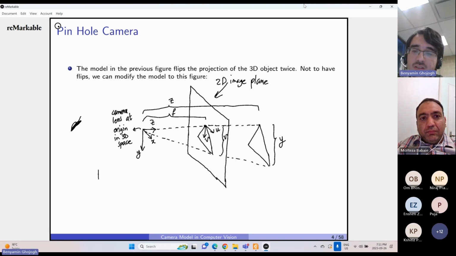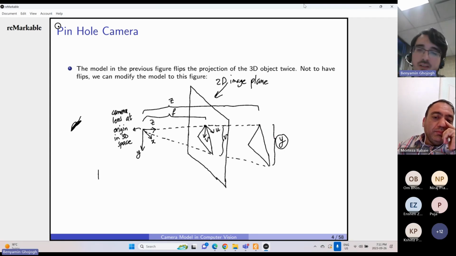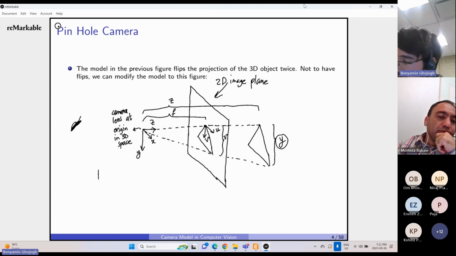Therefore, I can denote the axes of this 2D image plane by U and V. Here the Y, for example, shows the height of my object. Correspondingly, I have some height of my object in the 2D plane, and that's V, because V shows the height here. And U kind of shows the X, but we don't have any Z on the image plane. Agreed? Okay.